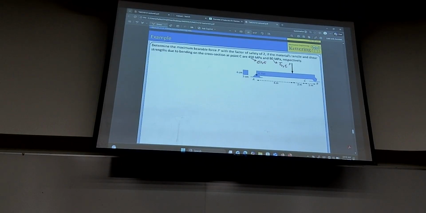So 2, right? Normal stress and shear stress. Because 2 are given, if it does not say anything about compression, then we have for sure 2 of them: 1 for normal stress, 1 for shear stress. Had this been brittle, 2 for normal stress, 1 on the top, 1 on the bottom, and the shear would be in the middle. So these are the 2 conditions.